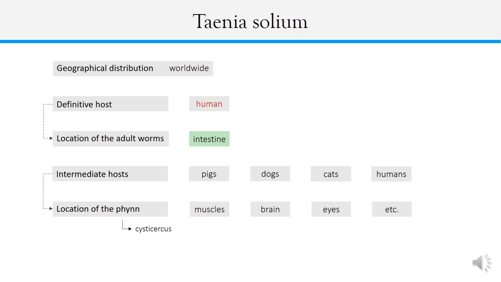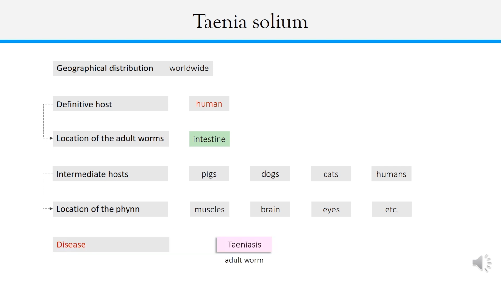The morphological type of the fin of Taenia solium is called cysticercus. So, cysticercus is a special morphological type of the fin, and the fin itself is, generally speaking, the immature form of Taenia solium.